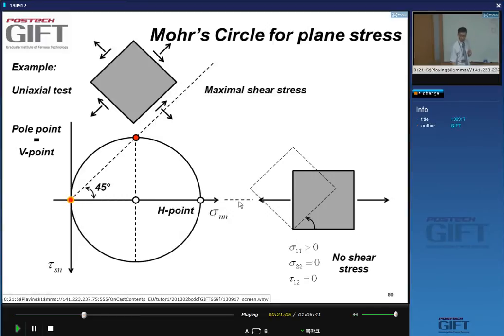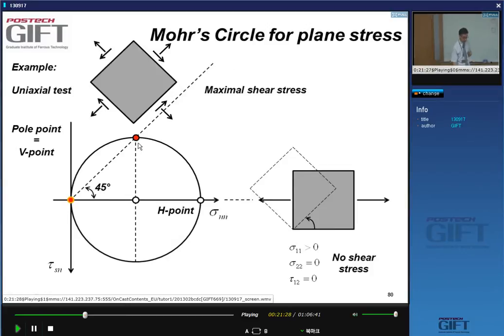So if I now tilt this element, the H plane is here, and I see that the value of the shear stress increases. You can see it increasing, and then it reaches a maximum at this point.